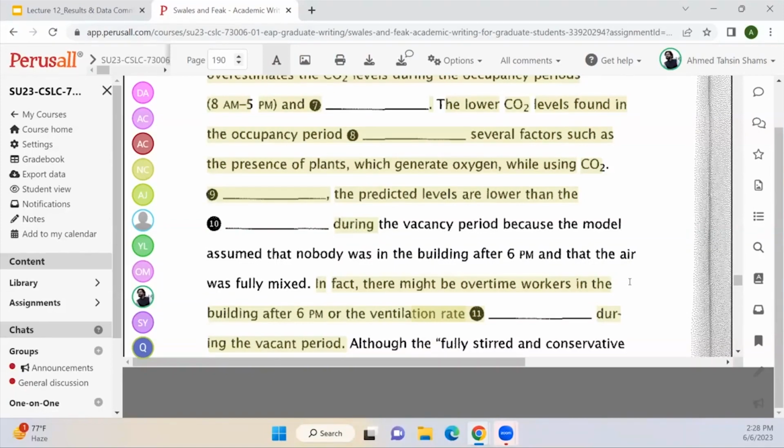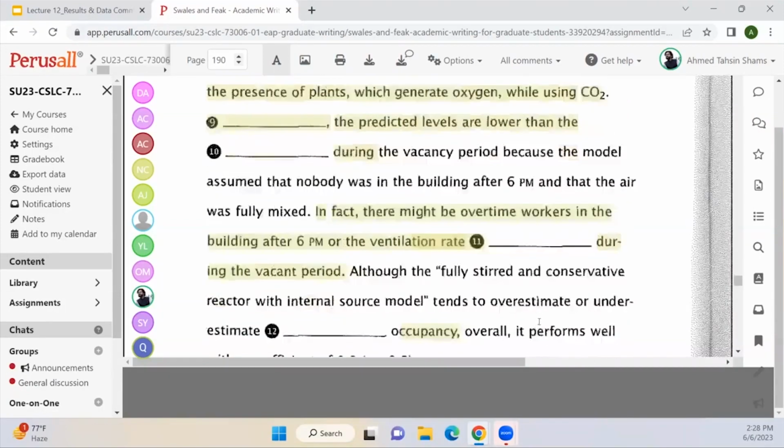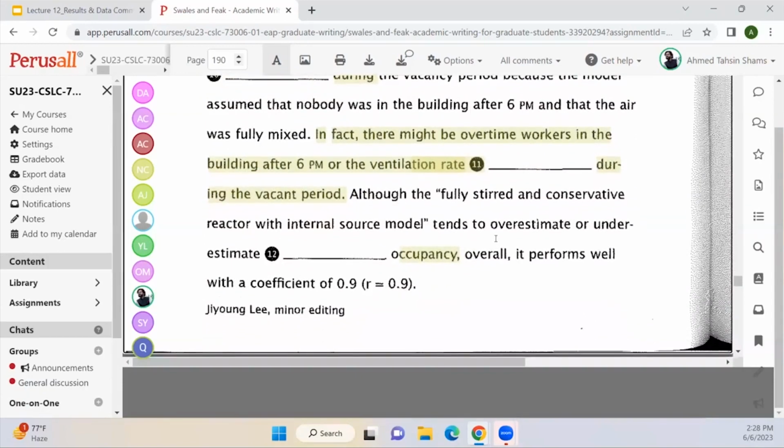Number 11. Very good that you use a modal, but the choice of the verb might vary.